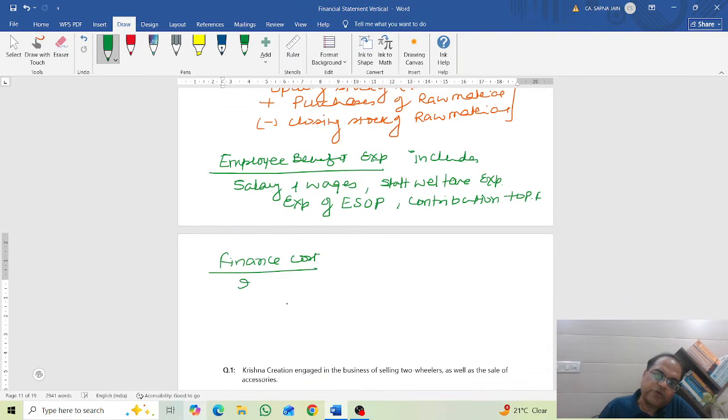Finance cost or finance expenses includes interest on loan, interest on debenture, and expenses incurred for arranging the fund.